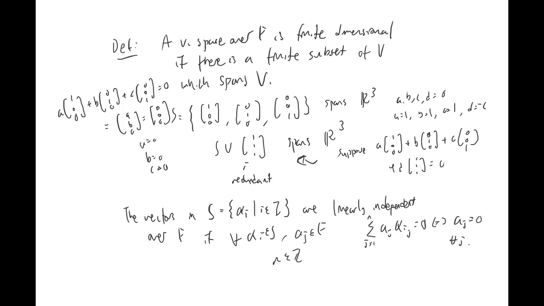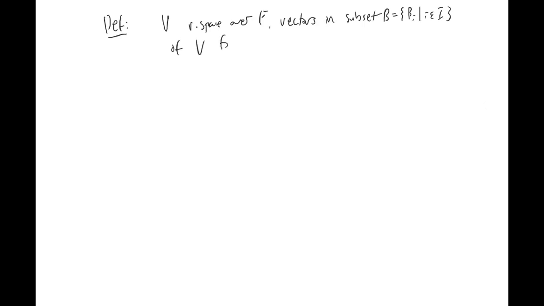Okay, so now we define. Definition: V a vector space over F. Vectors in a subset B equals, again, I don't know why they changed from S to B, b_i for i in I, in V form a basis of V if and only if they span V and are linearly independent.